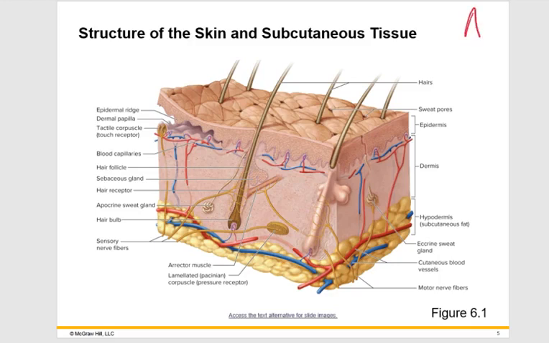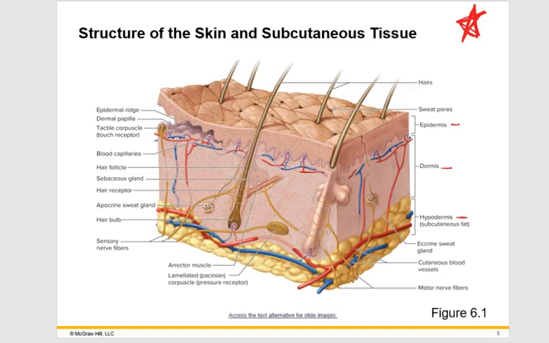This picture needs to be a picture that you really spend some time looking at. It can show you so much that you need to know about the structure of the skin. First, identify the difference between the epidermis, dermis, and the hypodermis. Notice the epidermis is composed of cells that are all touching each other, and these are stratified squamous epithelial cells.